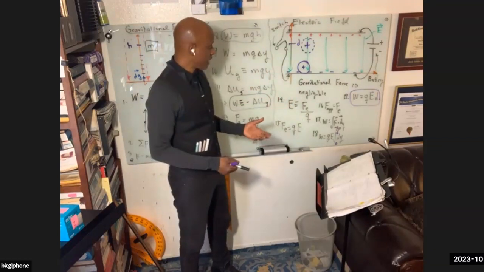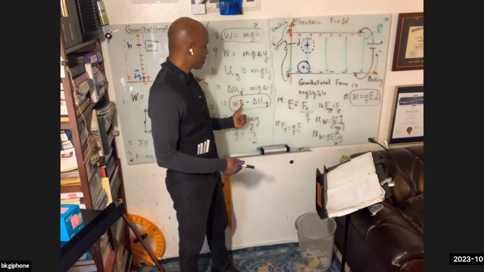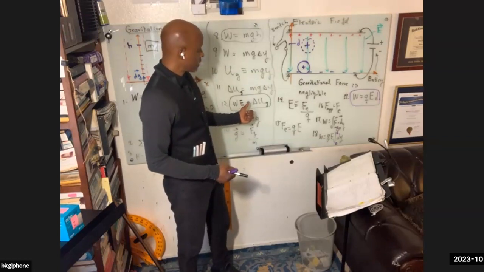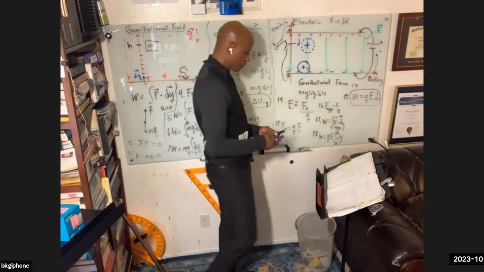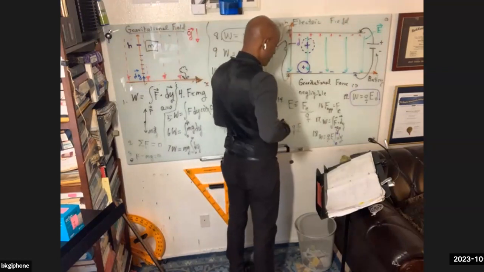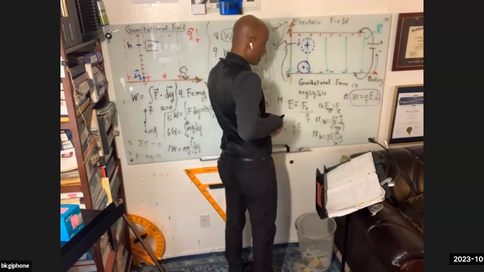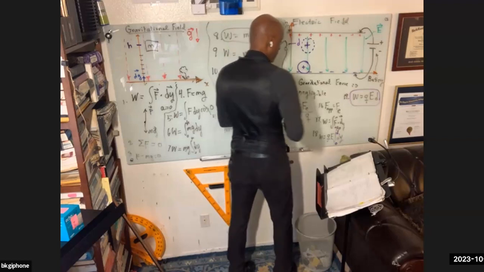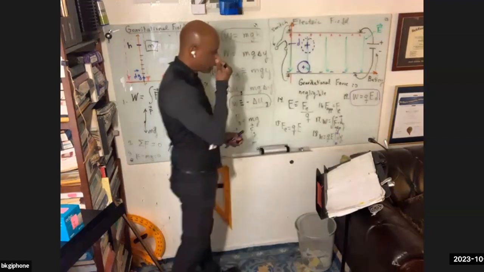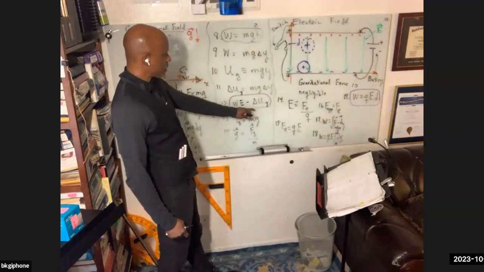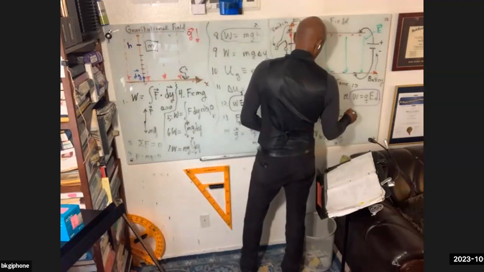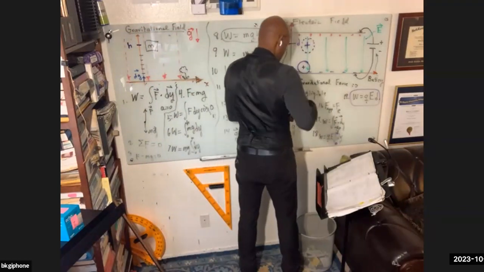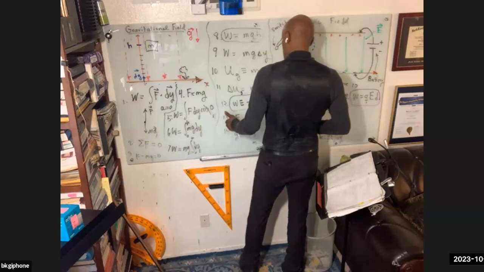So we've already defined in general that there's a relationship between potential energy, the change in potential energy, and work. So if I define the electrical potential energy as QEd, then I can say that the relationship between the work and the potential energy is defined by the general definition of potential energy, which is equation 12 here.